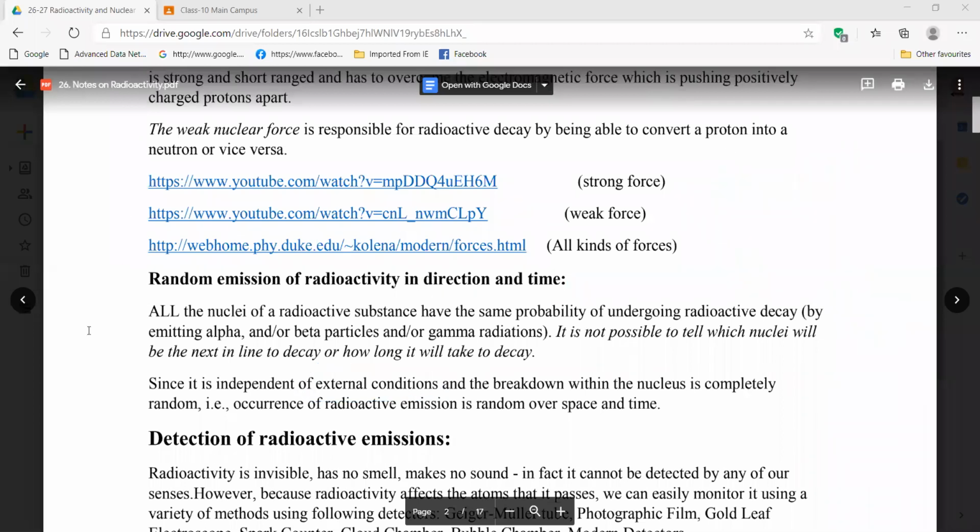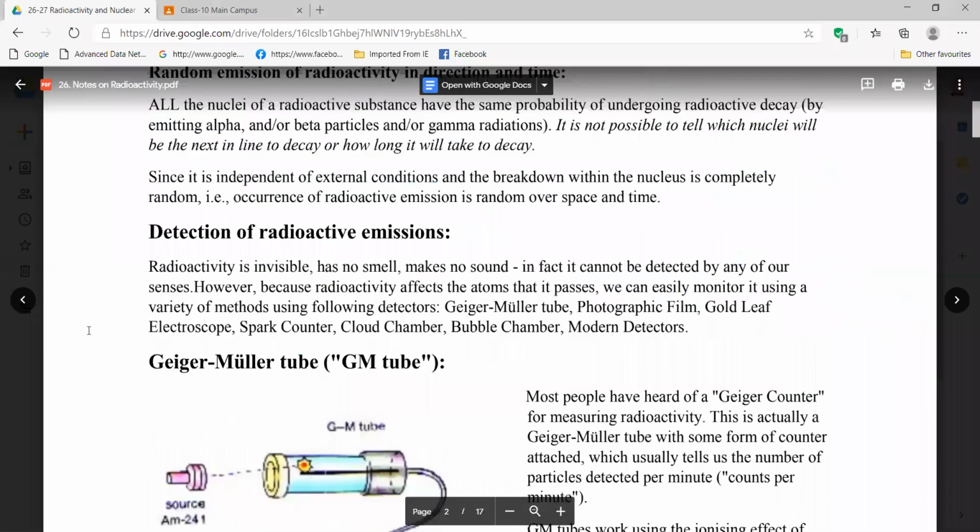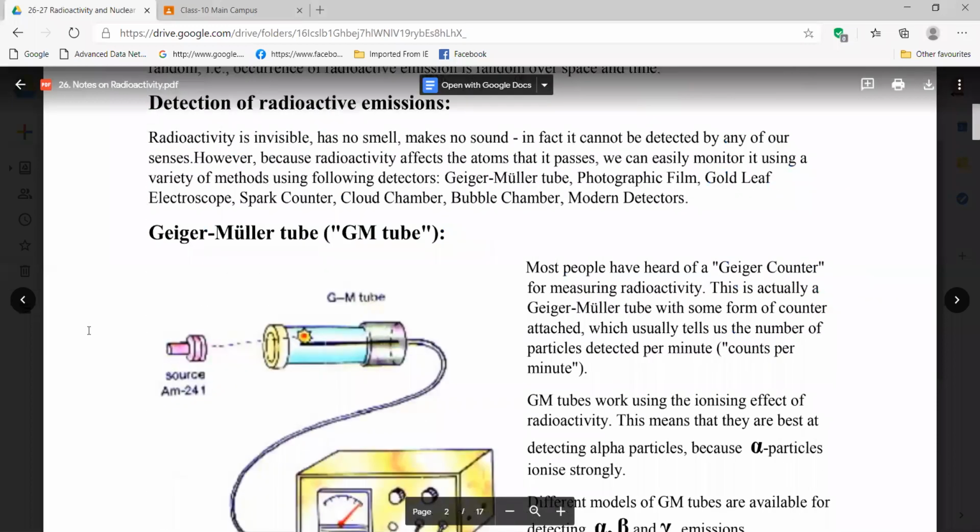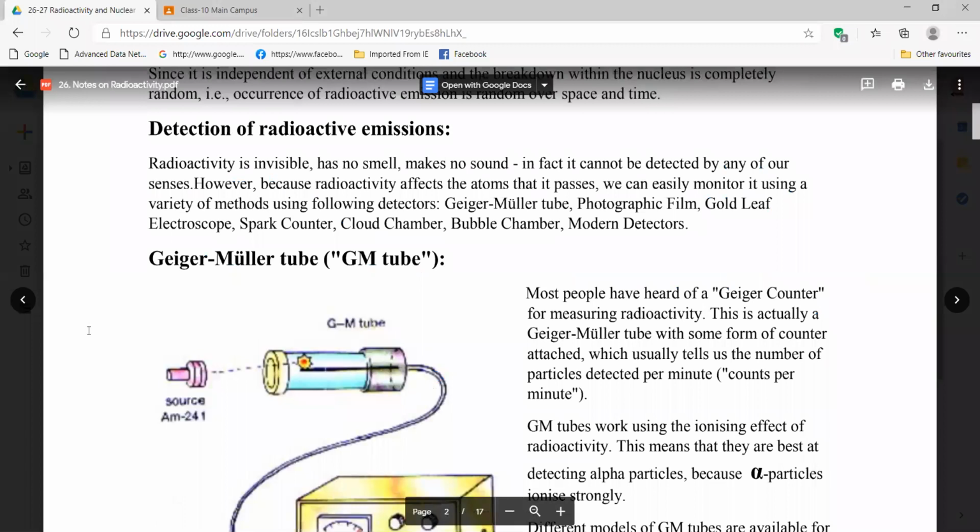Here, detection of radioactive emissions. In the radioactive emissions, we are getting alpha, beta, gamma. We cannot see them. We cannot smell them. We cannot touch them even. By any feelings, we cannot understand that there is radioactive emission.